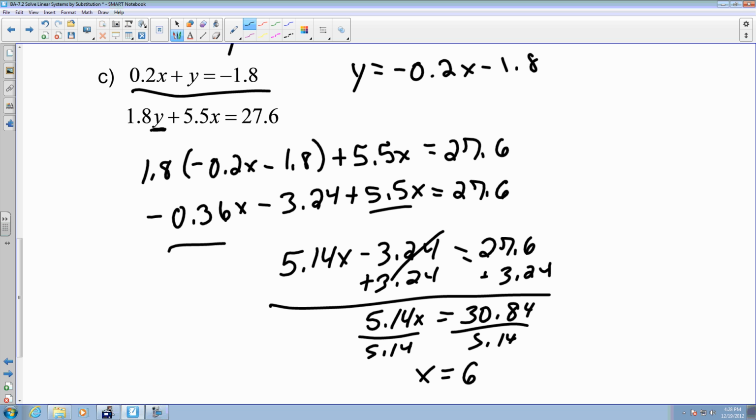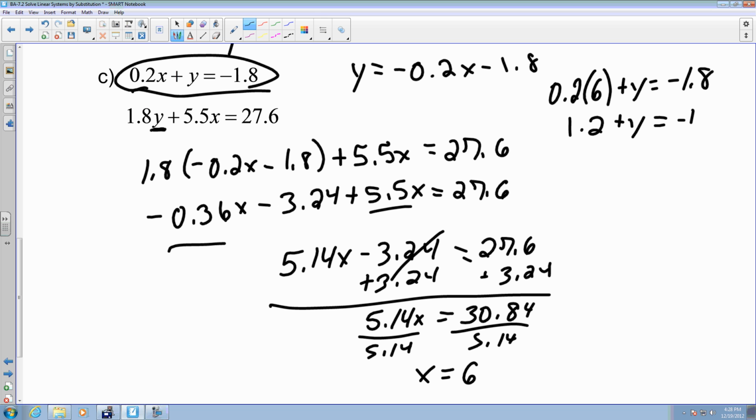Now, all I have to do is plug it back into the original equation. I'm going to use this one. So I have 0.2 times 6 plus y equals negative 1.8. 0.2 times 6 is 1.2, plus y equals negative 1.8.